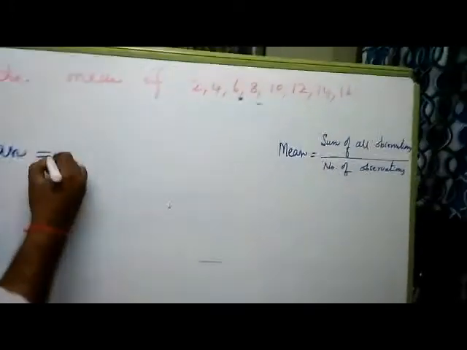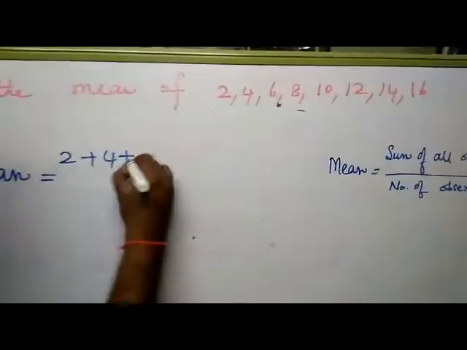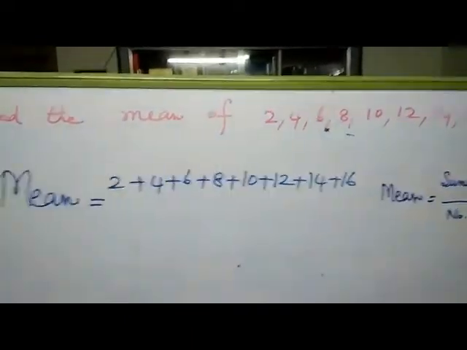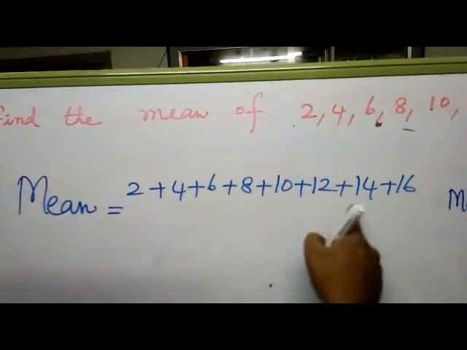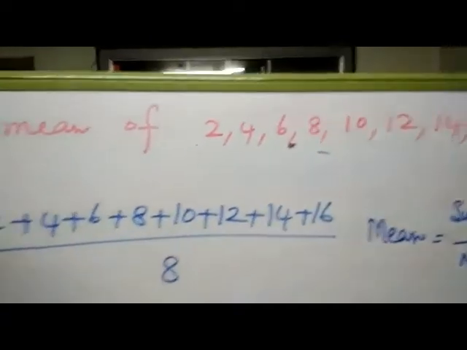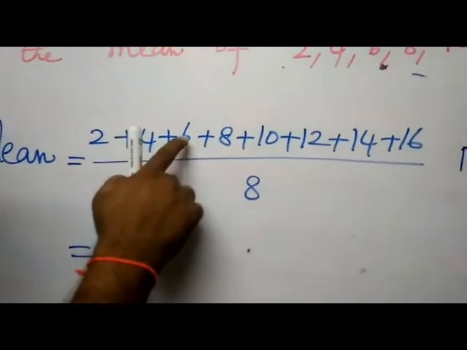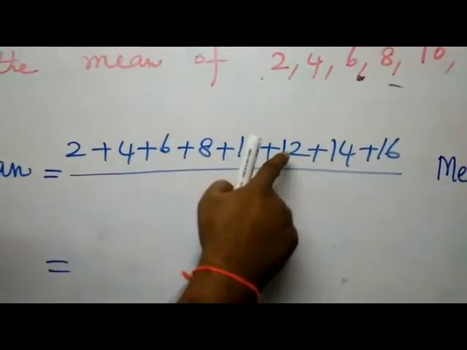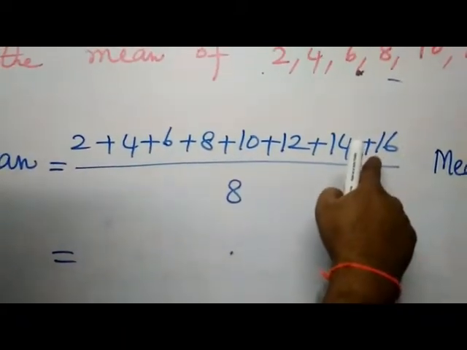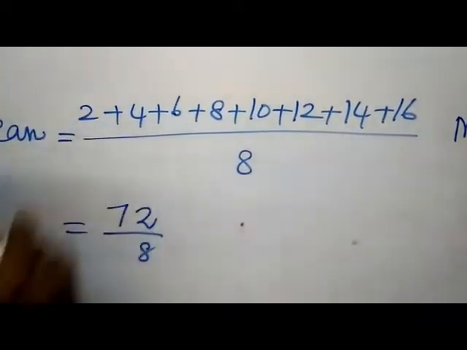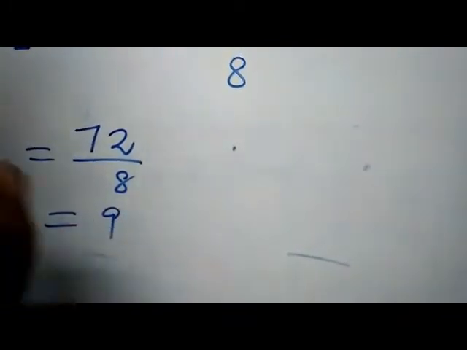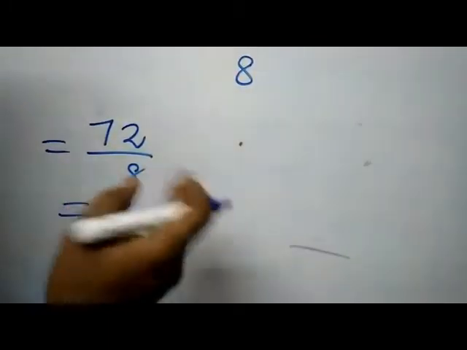Mean is equal to sum of the observations by number of observations. 2 plus 4 plus 6 plus 8 plus 10 plus 12 plus 14 plus 16, by total 8 observations. 2 plus 4 is 6, 6 plus 6 is 12, 12 plus 8 is 20, 20 plus 10 is 30, 30 plus 12 is 42, 42 plus 14 is 56, 56 plus 16 is 72. 72 by 8 is equal to 9. Therefore, the mean of the given data is 9.